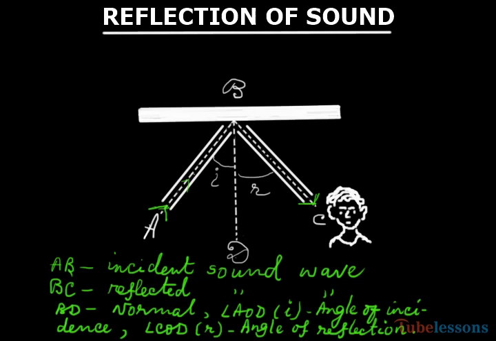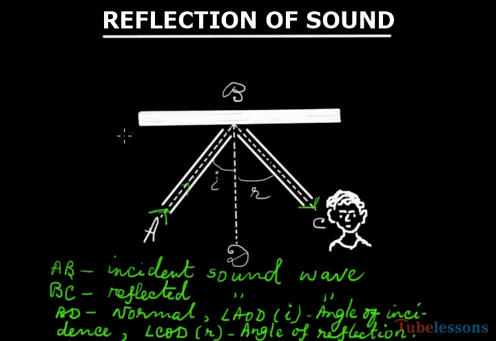In the figure, AB is the incident sound wave. The sound wave AB is incident on the point B. B is the point of incidence, and it is obstructed by the reflector, say RS.